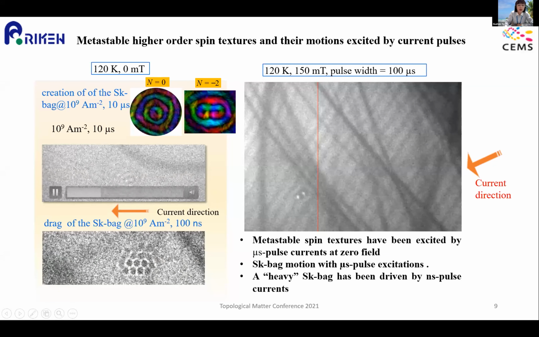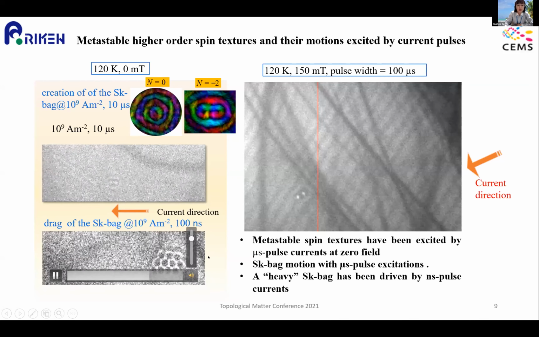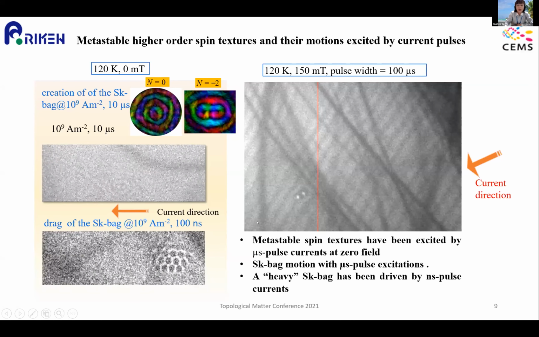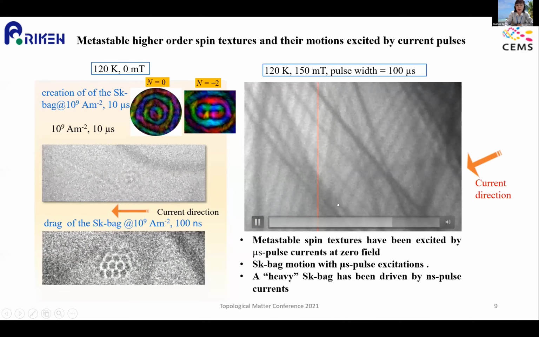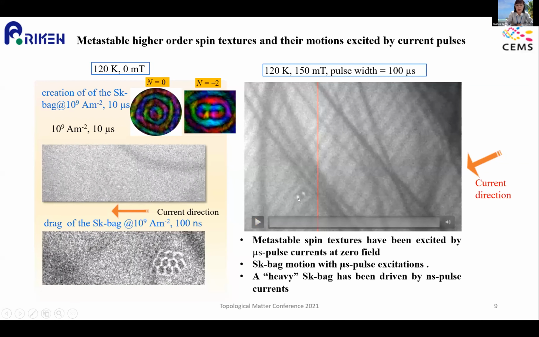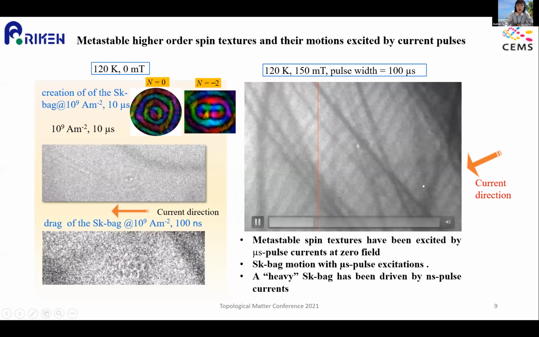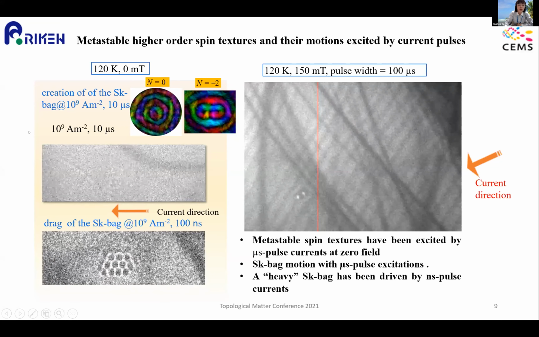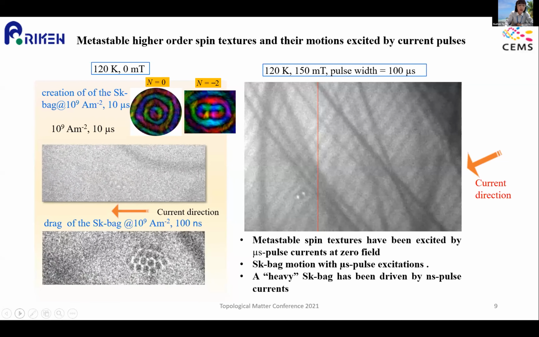And we can also use a nanosecond pulse current to drive this heavy skyrmion bag. We also present the skyrmion bag showing the whole motion in the helix background. Very exciting to examine this skyrmion dynamics.